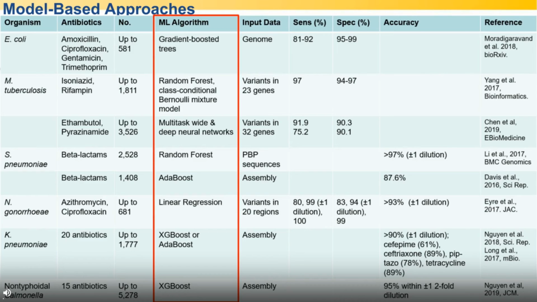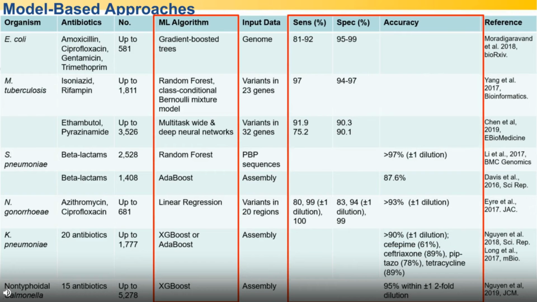The good thing about these model-based approaches is that the accuracy seems to be really good, and excitingly, we could see the ability to predict the minimum inhibitory concentration, or the MIC, within ±1 doubling dilution, which is amazing, and that's what we would expect within the standard error of phenotypic ASTs.